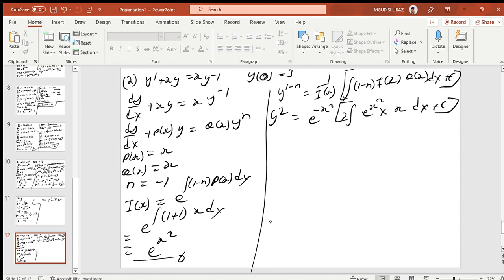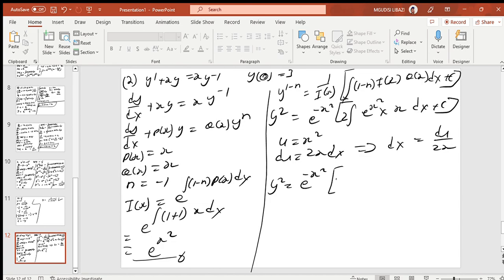So you can see that integrating that will use u substitution. We can let our u be equal to x squared, and then our du should be 2x dx, such that now our dx will be du over 2x. That means y squared is going to be e raised to negative x squared into 2 integral of e raised to u multiplied by x, in place of dx we put du over 2x, and then plus c.